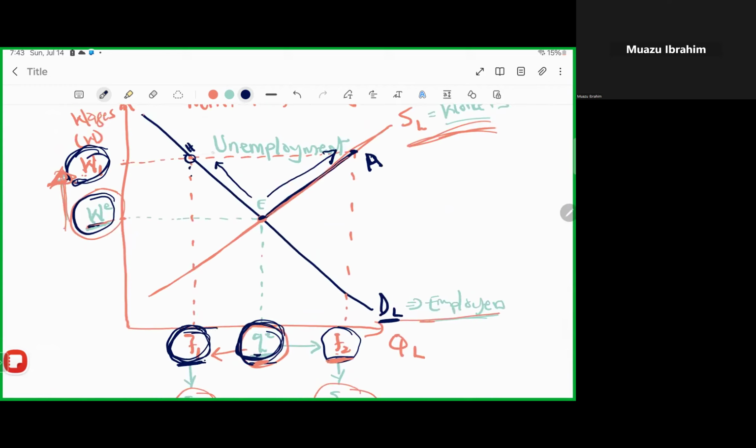So even by disaggregating this total unemployment, where we said the total amount of unemployment is Q2 minus Q1, you can separate this into the number of workers who will lose their jobs as a result of the imposition of the minimum wage, and the number of new people who will be entering the job market to look for employment because the wage rate has increased.